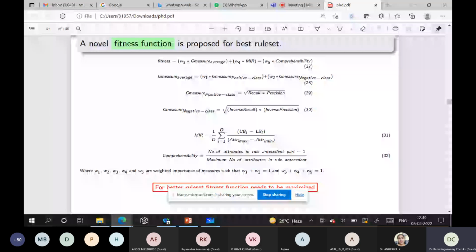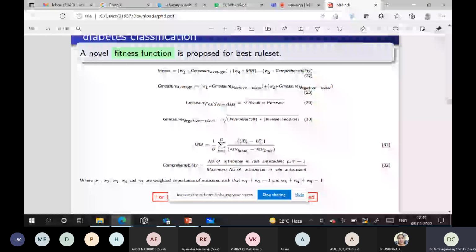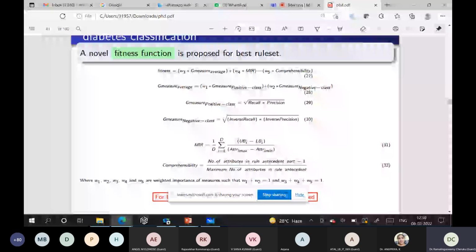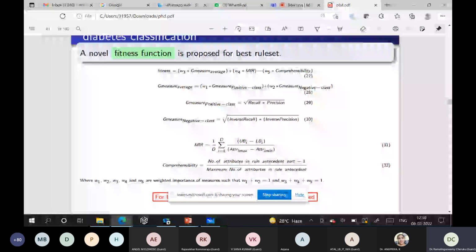There is another measure, the mean interval rate. What is this mean interval rate? I want to keep this interval range as small as possible, to generate rules with more coverage area. Towards this end, we have used the mean interval rate, which we calculate using the dimensions, the range of each and every dimension, and the lower and upper bounds in your rule generation.